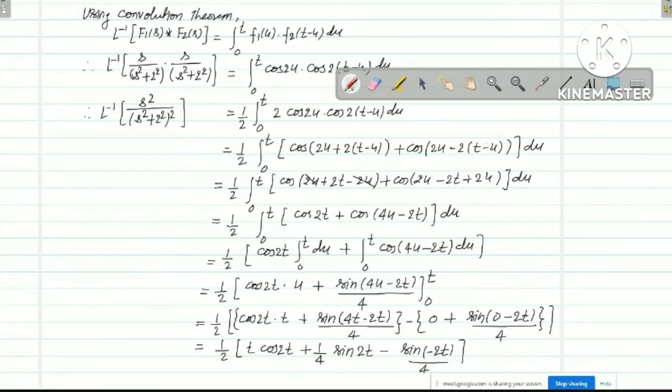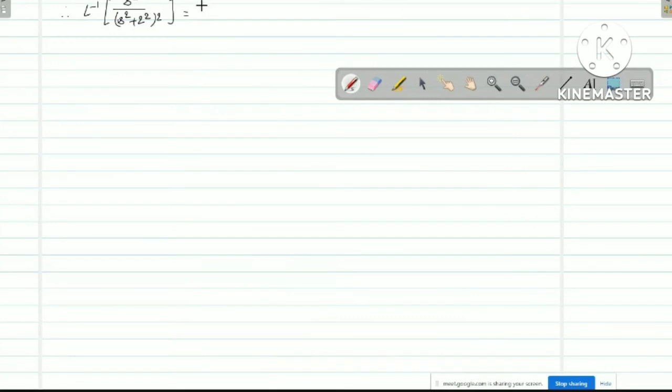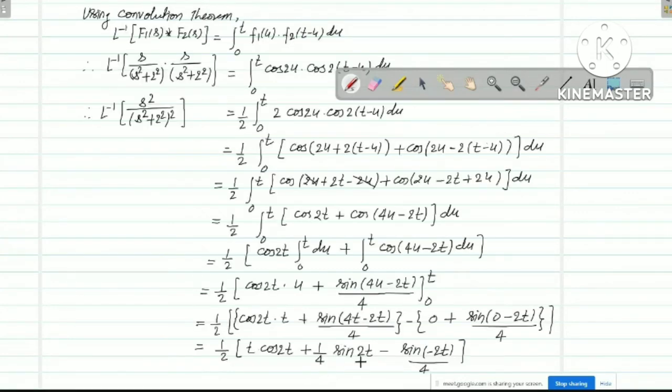So we will have L inverse of s square by s square plus 2 square the whole square, okay, and this is equal to, just copy from the next step, 1 by 2 t into cos 2t, okay, then 1 by 4 sin 2t.